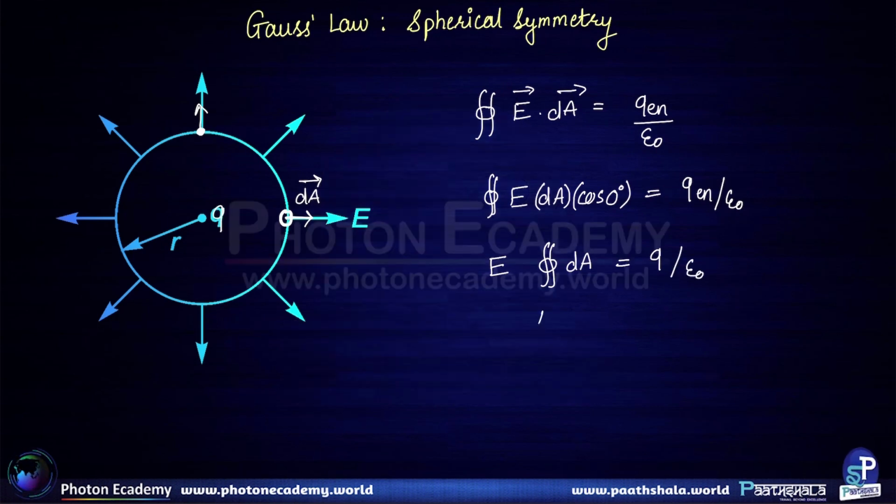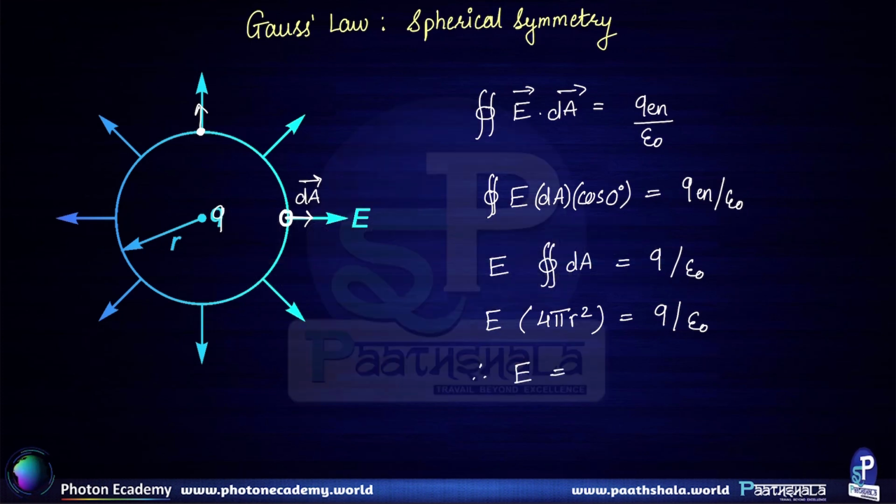Integration of dA we know is 4 pi r square. So E into 4 pi r square is equal to q divided by epsilon naught. Therefore, E for the point charge will be given as 1 upon 4 pi r square epsilon naught times q.